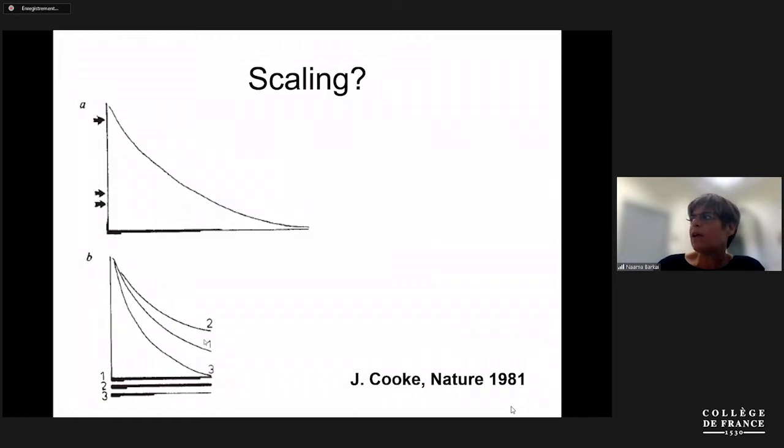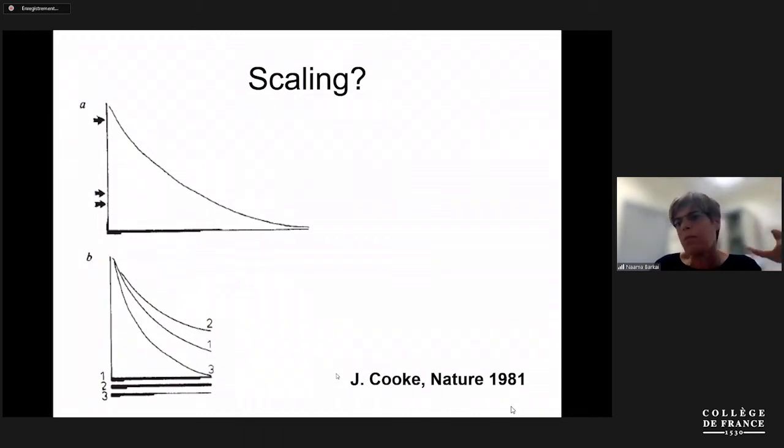To get scaling, if this is our initial gradient, then we need to turn gradient number 1 into gradient number 3. But if you just think about it from a pure single molecule diffusing and subject to some boundary condition, then of course we are more likely to get gradient number 2, which is basically going to mean that we're going to lose all of this extra tissue.